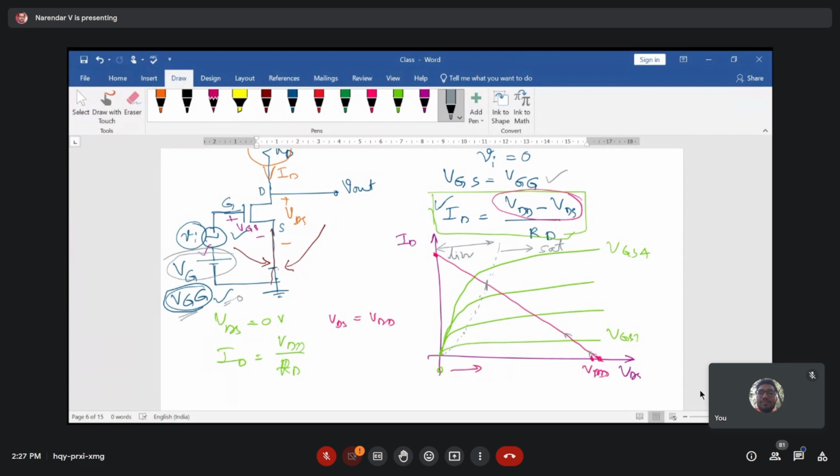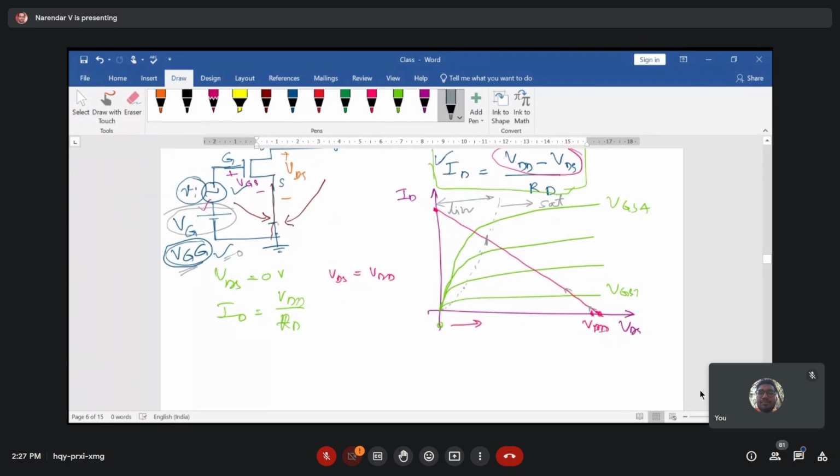What it is indicating is that you are biasing your transistor with the help of a VGG voltage. You have to fix it to a certain value, and that value is supposed to be at a quiescent point, somewhere here. This is referred to as the Q point.